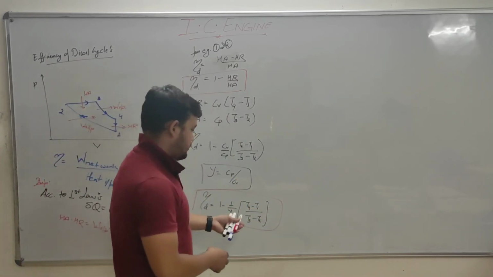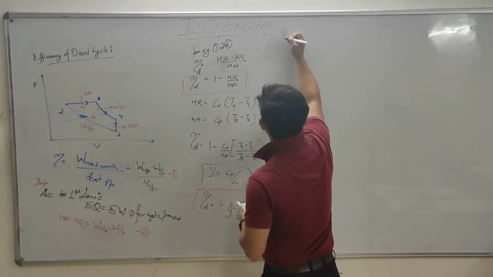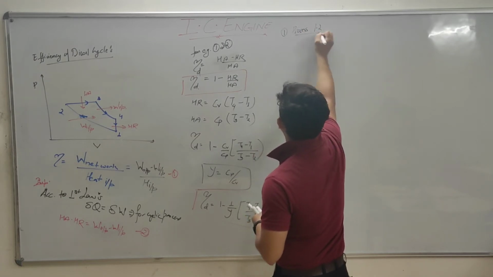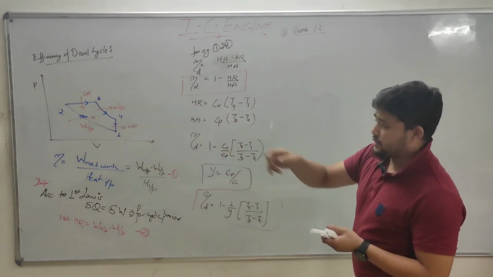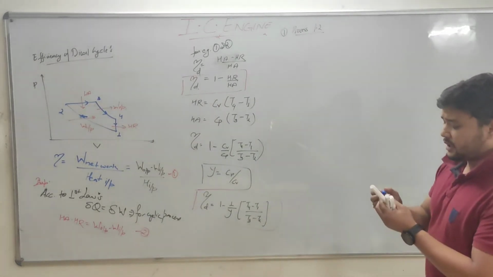So how do we convert that? The first step is to take process 1 to 2. We know that process 1 to 2 is adiabatic compression.